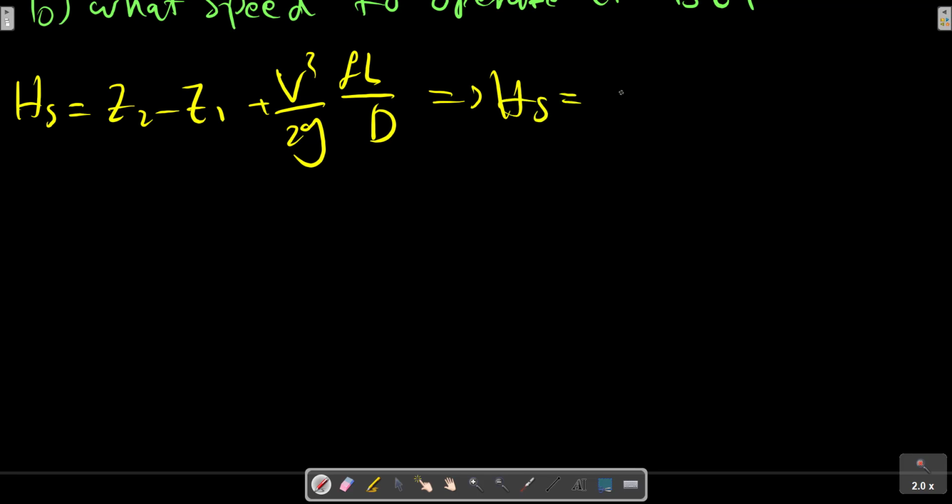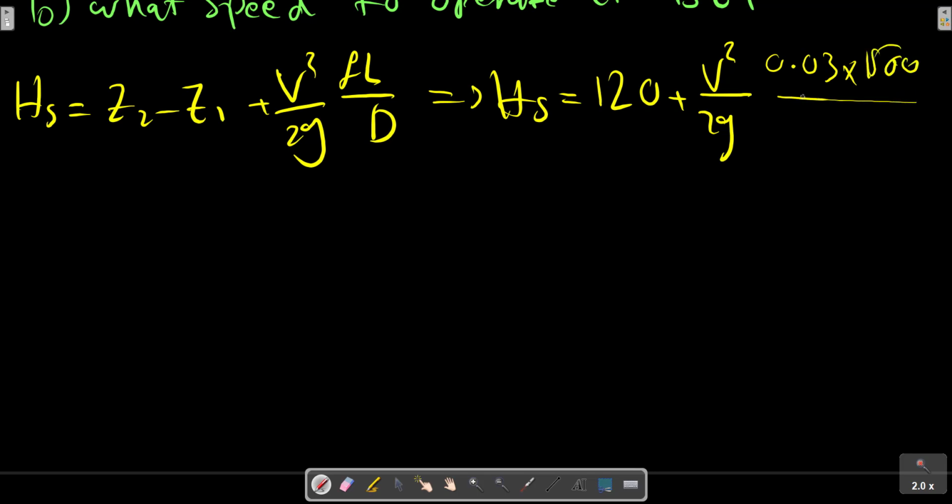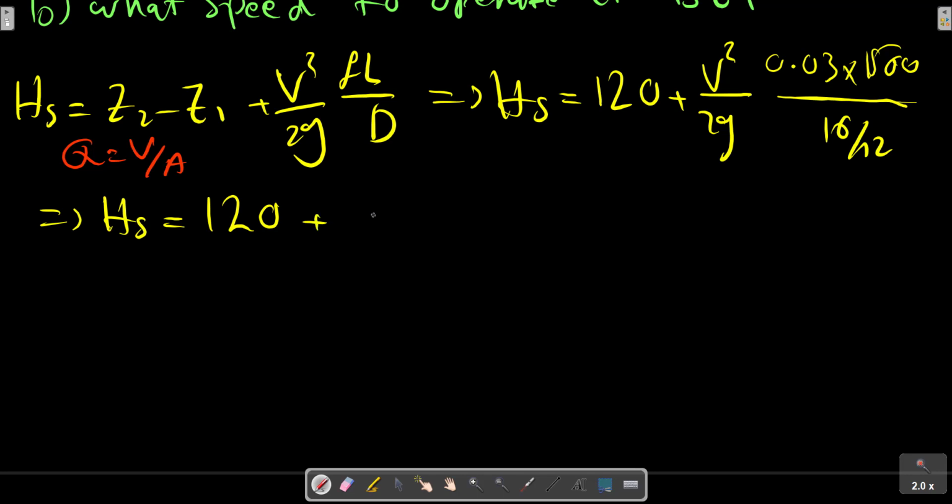So HS, we have the elevation difference and, knowing the velocity, the friction factor, the pipe length, and the pipe diameter, we can write HS as a function of Q. If we consider Q equals V times A, we can write the relation after simplification as Q square.